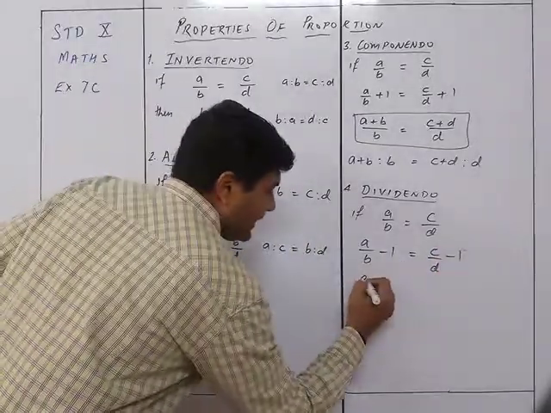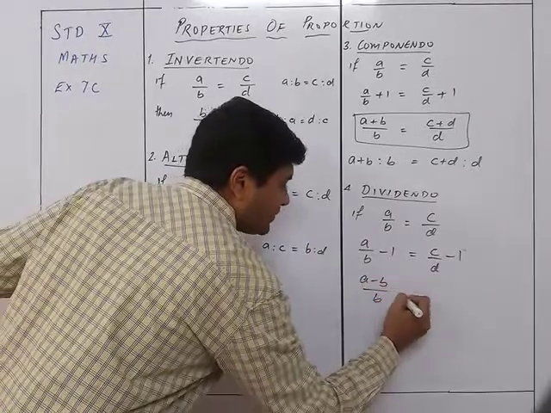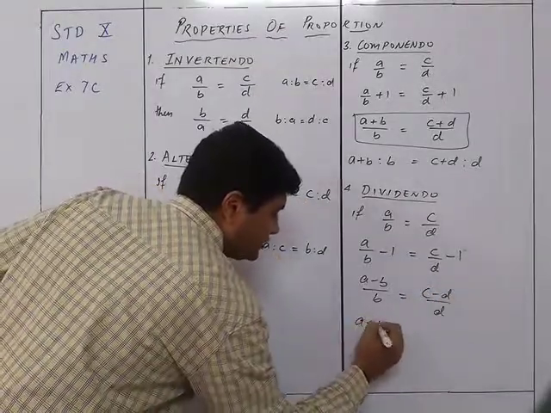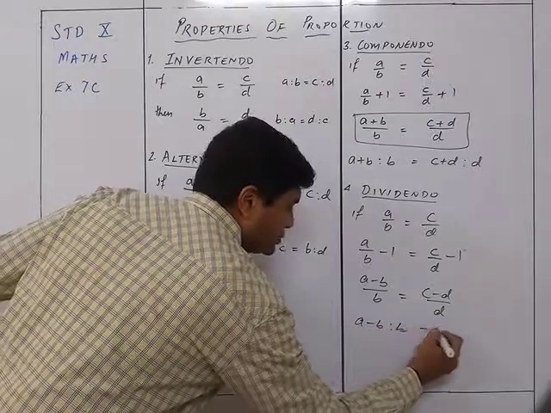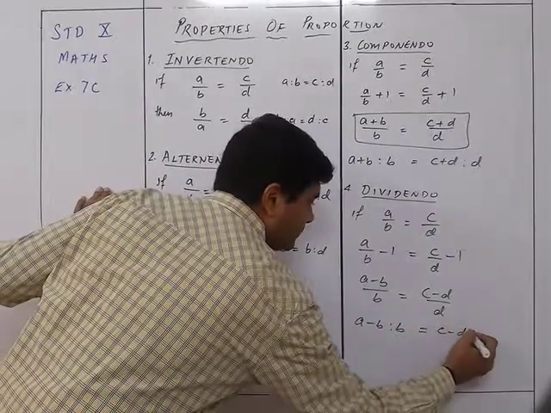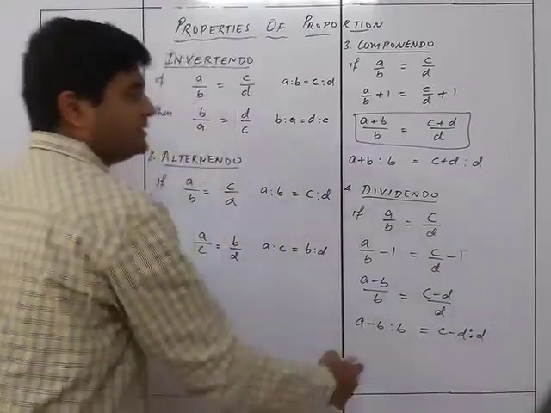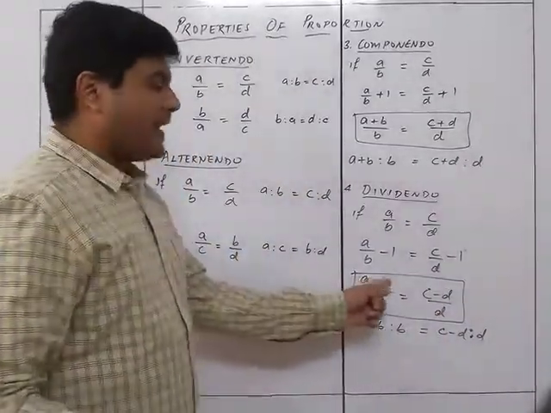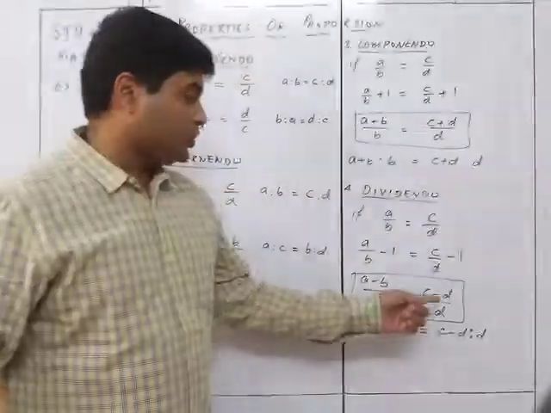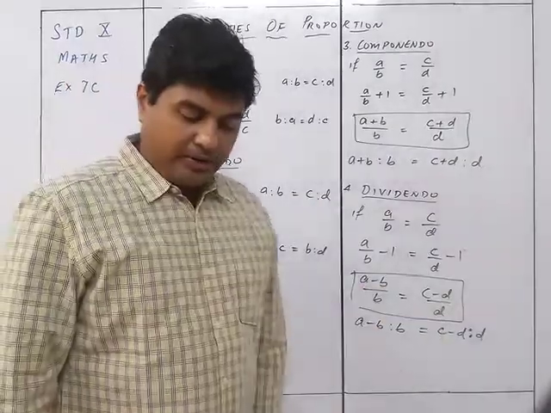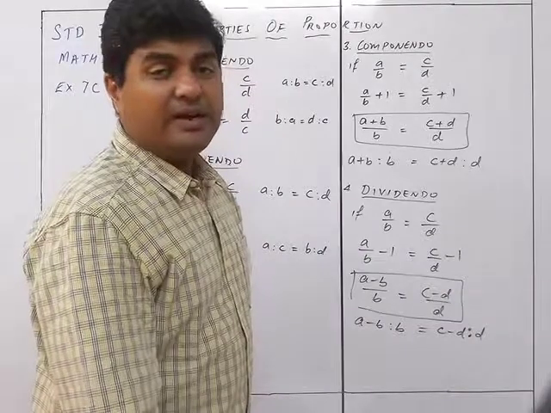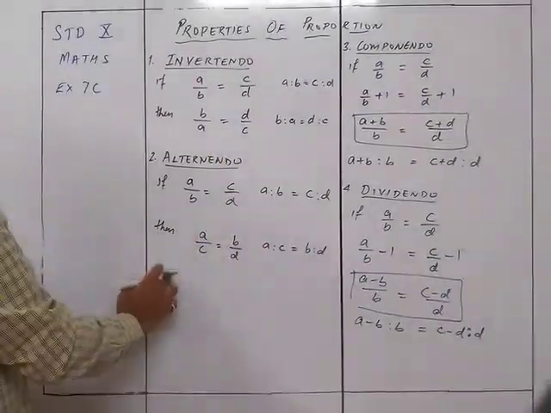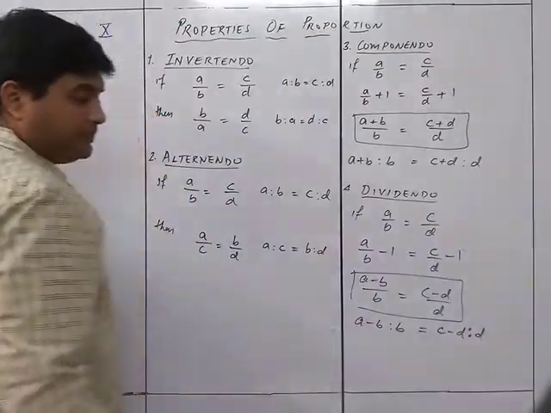So this becomes A minus B upon B is equal to C minus D upon D. That is A minus B is to B is equal to C minus D is to D. This is dividendo: numerator minus denominator upon denominator is equal to numerator minus denominator upon denominator. So those were the four things: invertendo, alternando, componendo and dividendo.